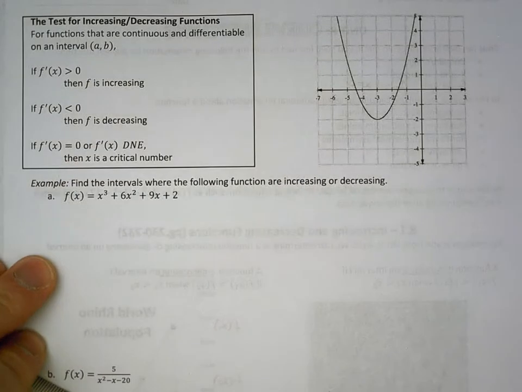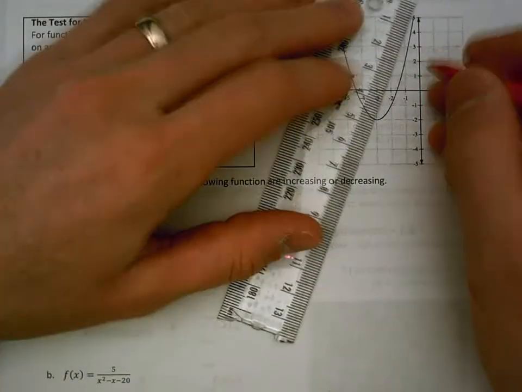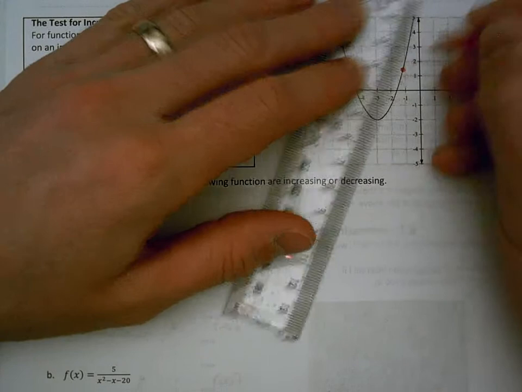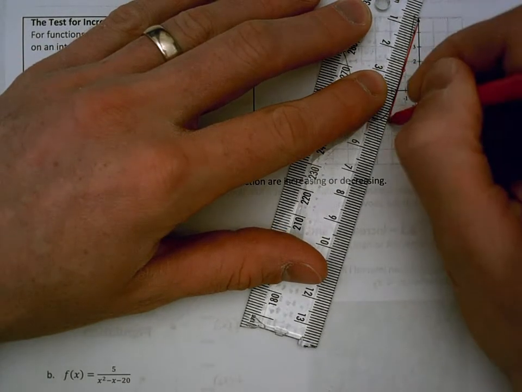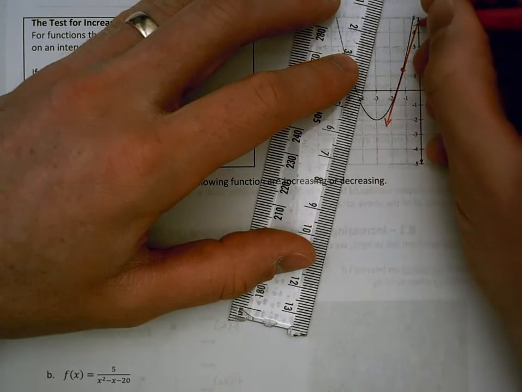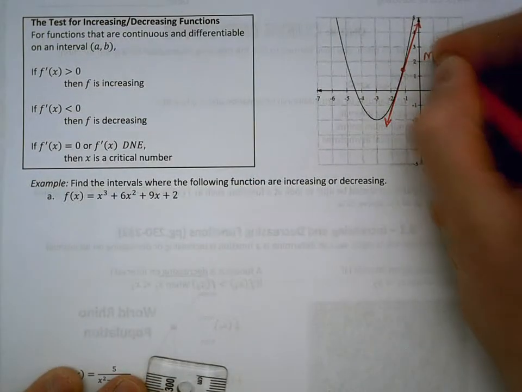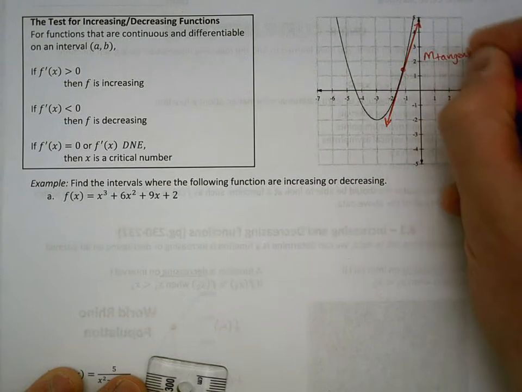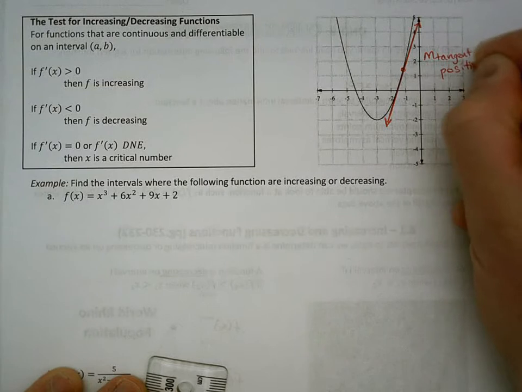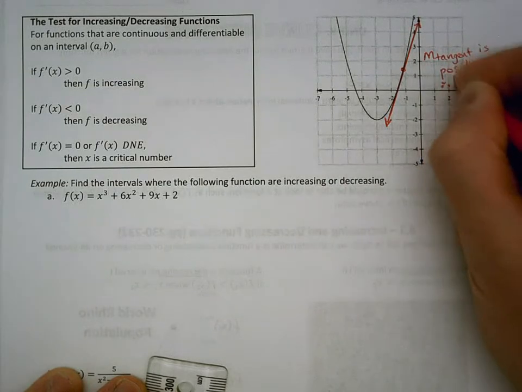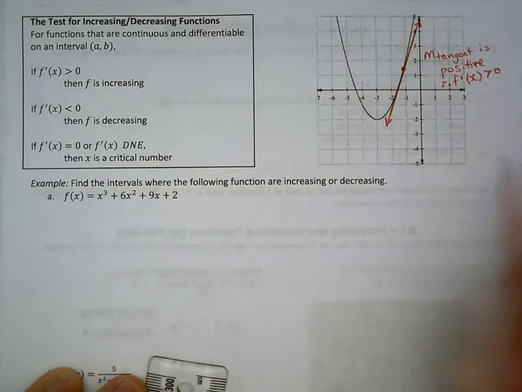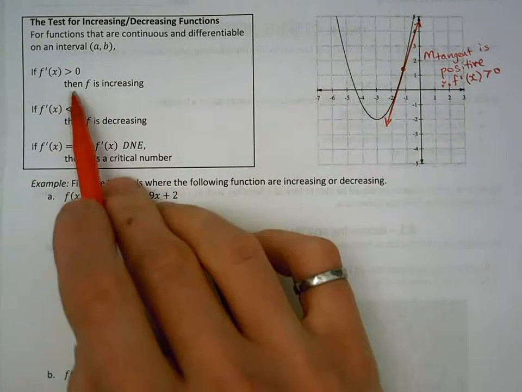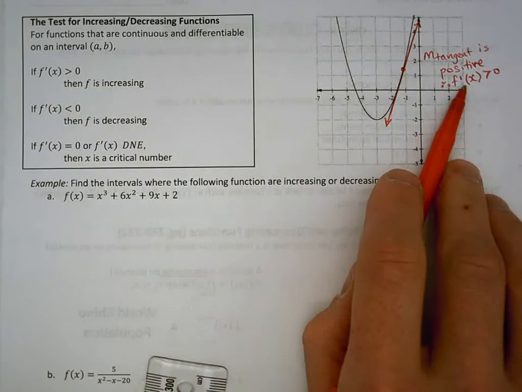If you want to think about that, in this section, for example, if I were to draw the tangent line, which is what the derivative is, so if I draw a tangent line in this region, the slope of the tangent, m tangent, is positive. Therefore, the derivative is positive. It's greater than 0. So to know if something's increasing, the derivative is positive.